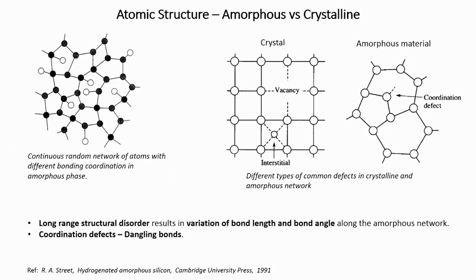So let us now look at the consequence of the structure of crystalline and amorphous materials with regards to the density of states. In the case of crystalline materials we had a periodic lattice, a nice arrangement of atoms, and we did have defects but those were quite rare.